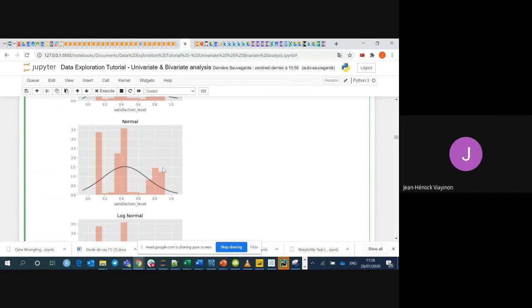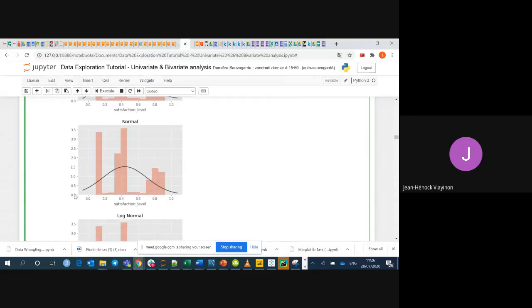And there is theory: if your distribution is not normal, how do you normalize it? Some variables really need to be processed, normalized, before being used for analysis, depending on the kind of model you want to run. That's why it's good to explore, at least the most important variables.